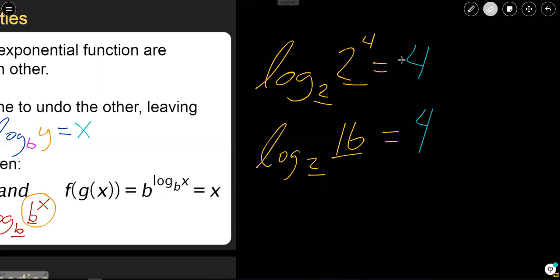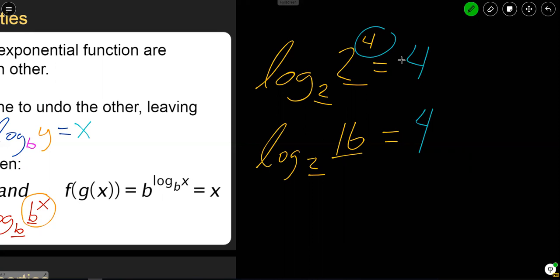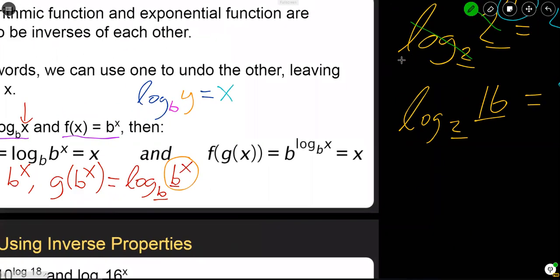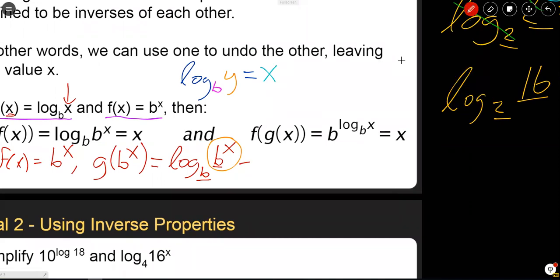I can just take that exponent and put it on the right side of the equation. Log base 2 and the 2 in the y value, the 2 to the x that's in that y value, they both go away. So we use the inverse functions to revert back to x.